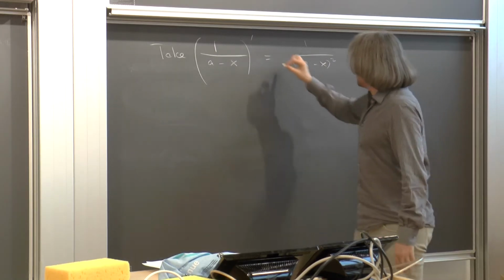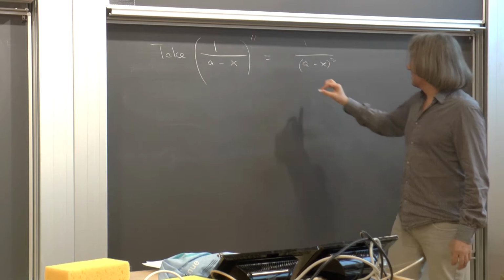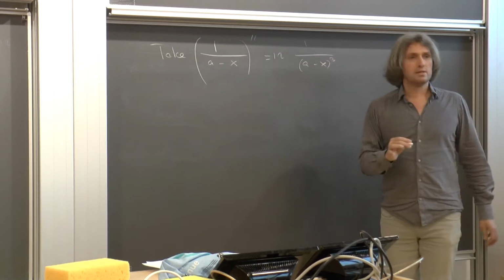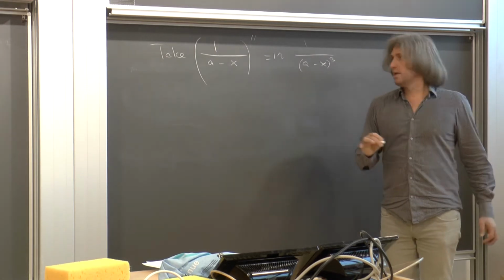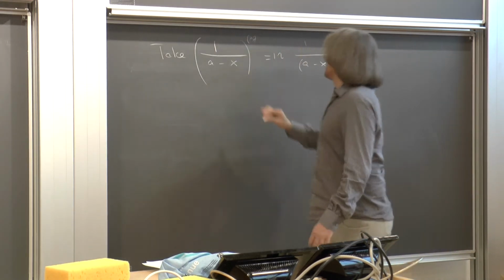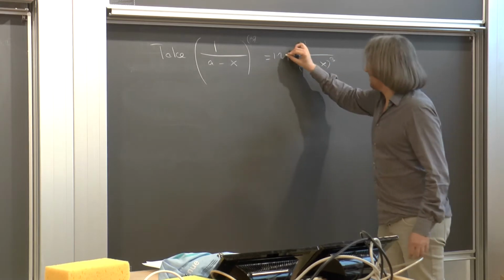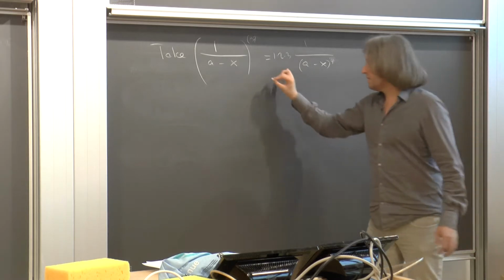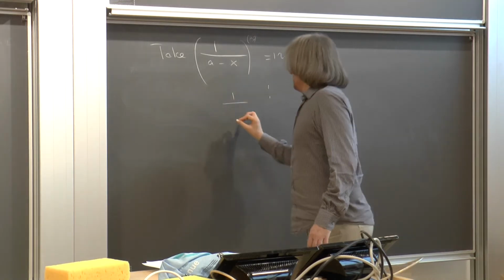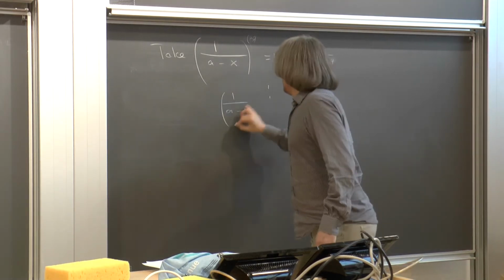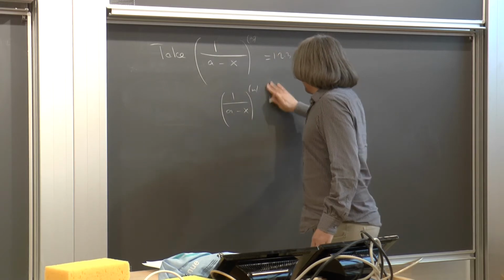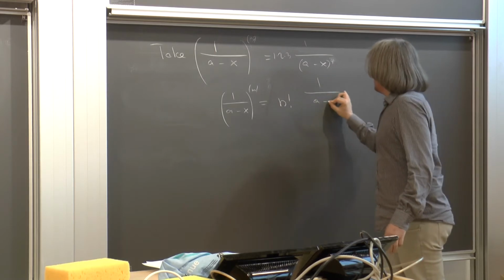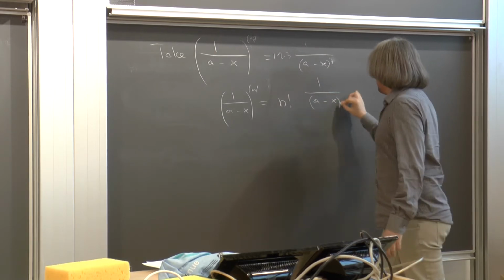If we differentiate it twice, we'll get 1 times 2, and then here cube. Okay? If we do it 3 times, then we'll get 1 times 2 times 3 to the 4, and so on. So for 1 over a minus x, the nth derivative is n factorial 1 over a minus x to n plus 1.